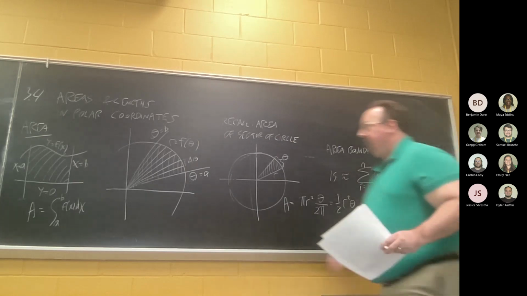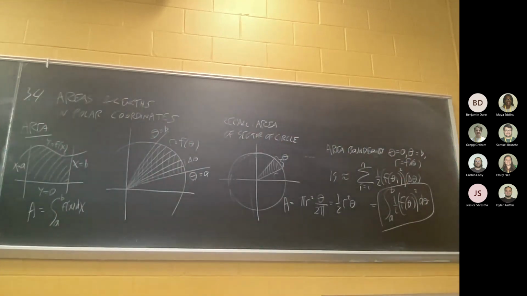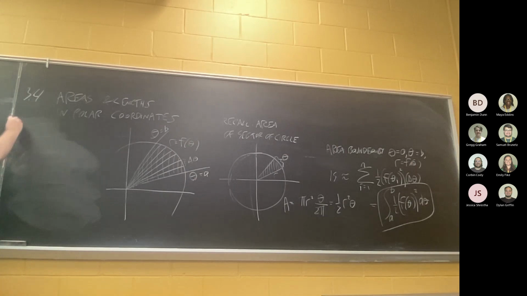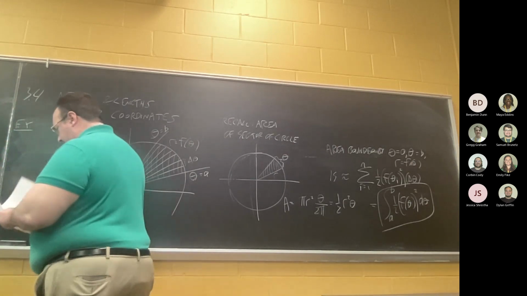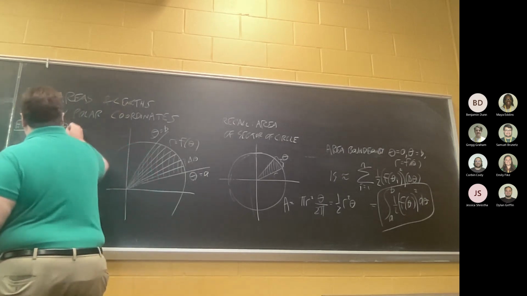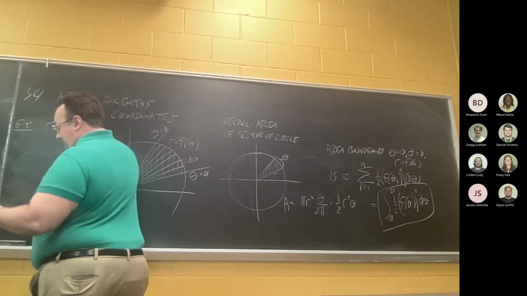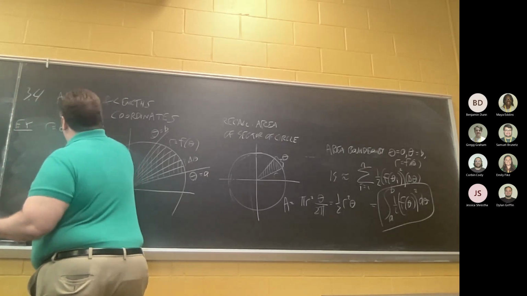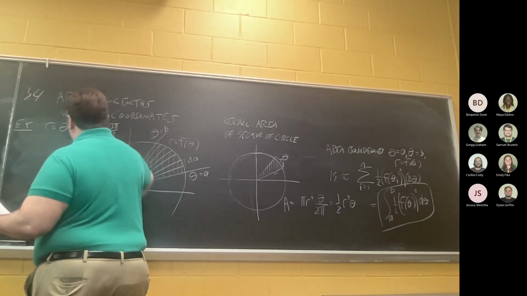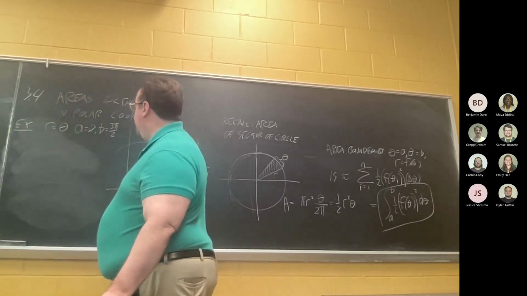Okay. An example of how this formula is used. Suppose our polar curve is just r equals theta, and then we have a equals 0, b is equal to 3 pi over 2.